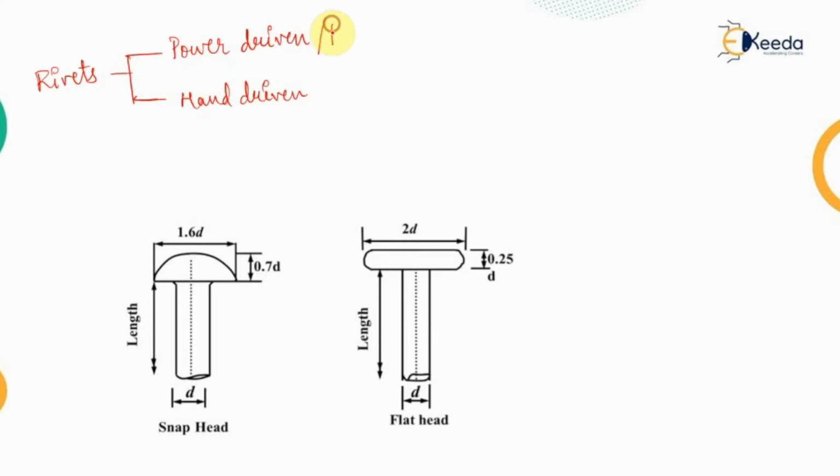The power driven rivet is known as the hot rivet, while the hand driven rivet is known as the cold rivet. Further, these power driven rivets are classified based upon the location where the rivet is inserted. That means it can be a power driven shop rivet or a power driven field rivet.